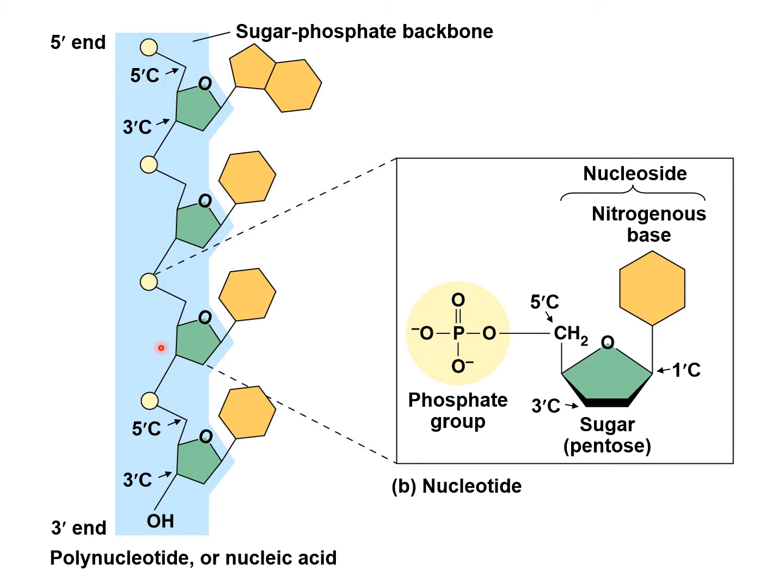Most of the time when we're synthesizing these nucleic acids, we're synthesizing by adding nucleotides to the 3 prime end. Said another way, we're synthesizing 5 prime to 3 prime. And so what we're going to be doing is adding nucleotides to this OH. Again, dehydration synthesis. We're going to get rid of a water when we do this. And we're going to be synthesizing in this downward direction relative to this figure.